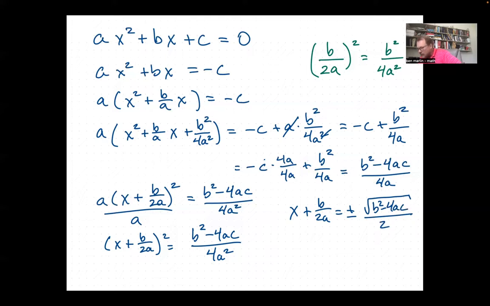And since a squared is a perfect square, I'll write a, because I took the square root of them. Okay? All right, then putting them together, we'll just subtract the b over 2a. And since they have the same denominator, we'll have the classic formula that you might at some point have memorized.